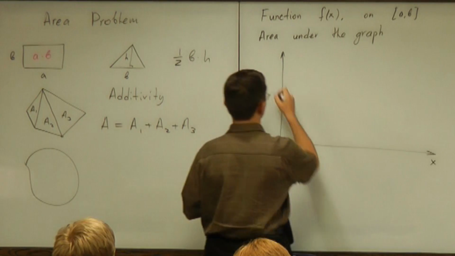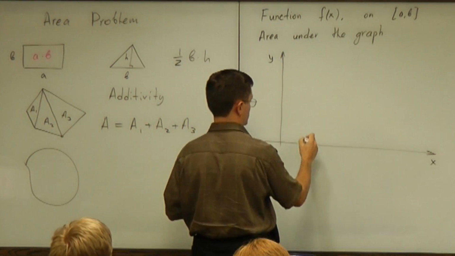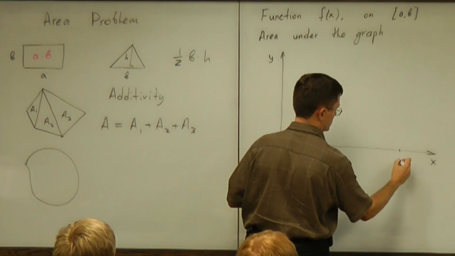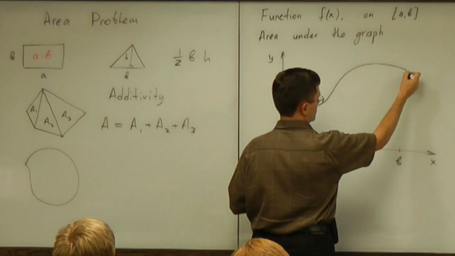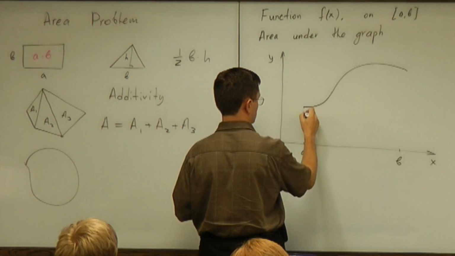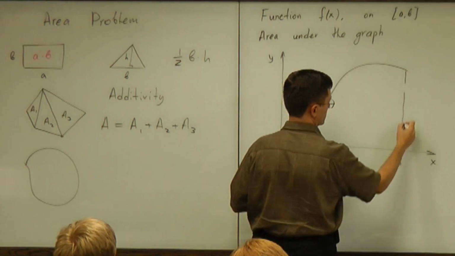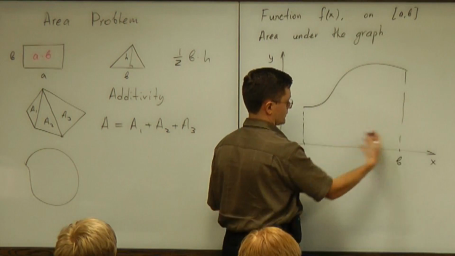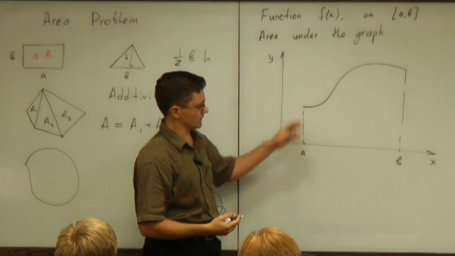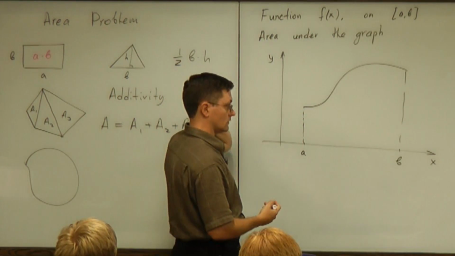So we have x and y axis, we have the interval from A to B. The function is defined on that interval. We look at the graph. And the geometric problem is to find the area below the graph and above the x-axis.